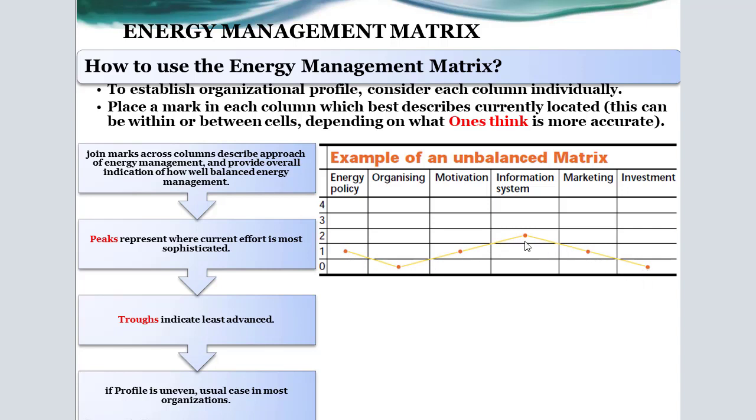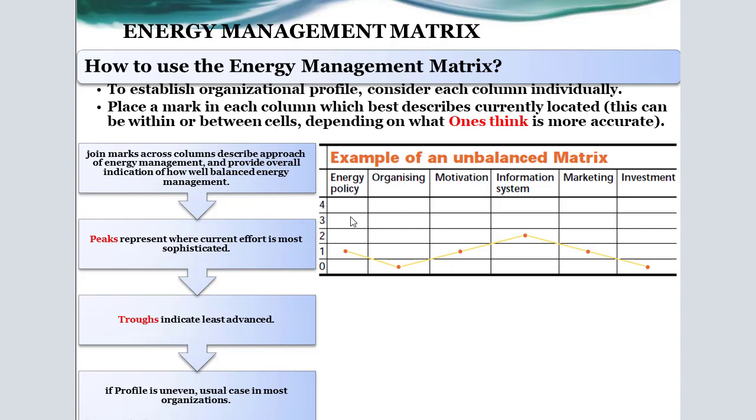points. Sometimes the point's location may be between the 2 lines inside the cell, or maybe on the line itself. This depends on the current situation and what the energy auditor thinks is the more accurate situation in order to put the related mark.